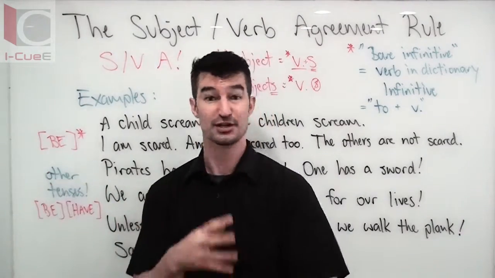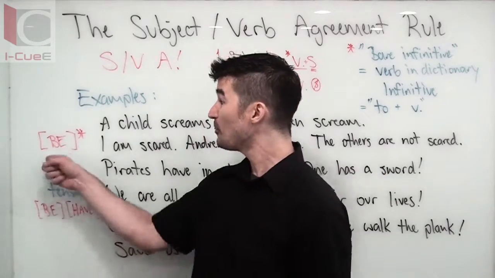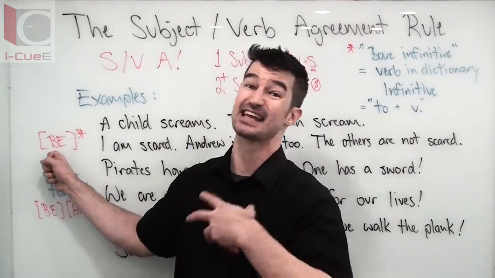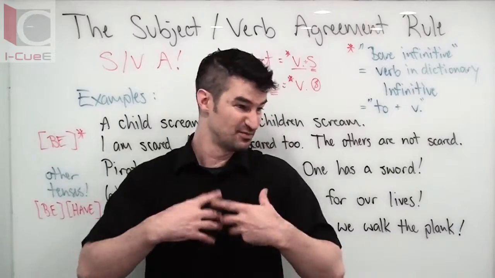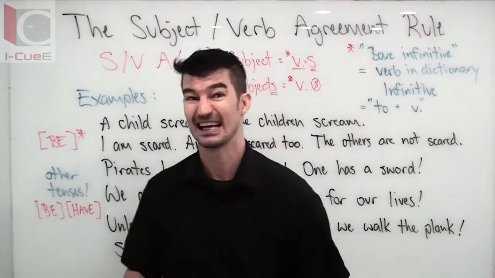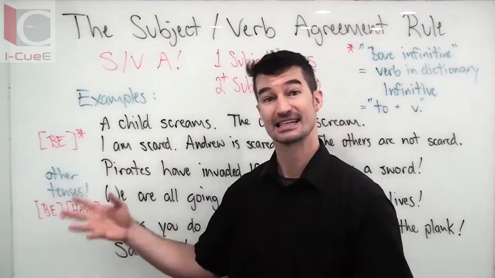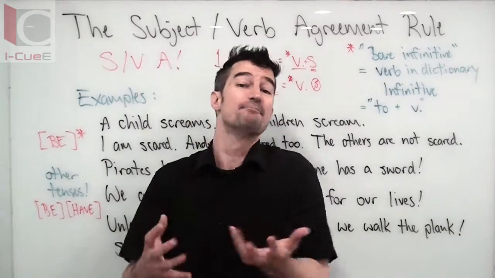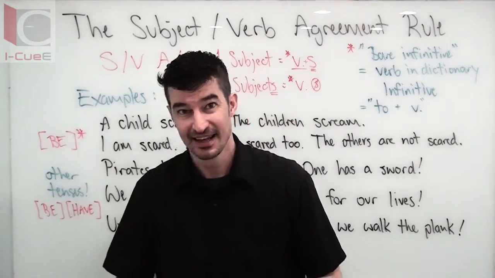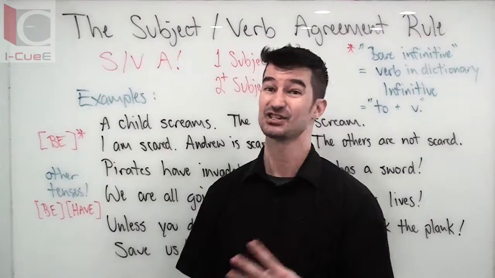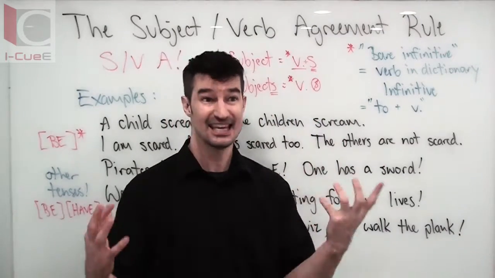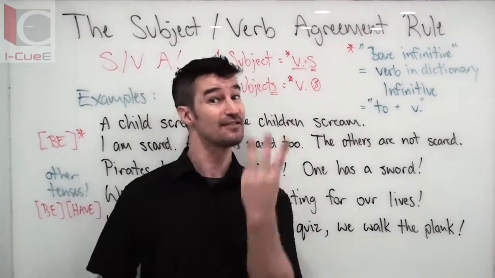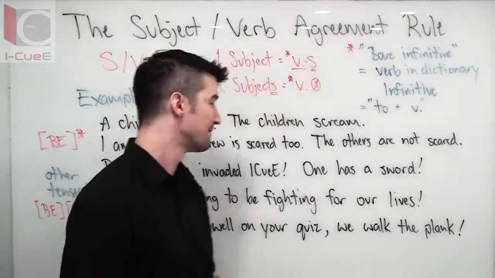If you look up the word be in the dictionary, you're almost never going to use that as a verb in your writing or in your speaking. It's very rarely used like this. Instead, in the simple present tense, it has 3 forms, and it's one of, if not the only verb in English that has 3 forms in the simple present tense.